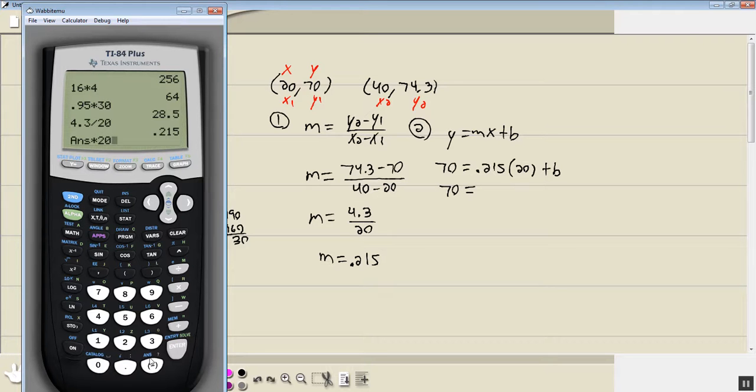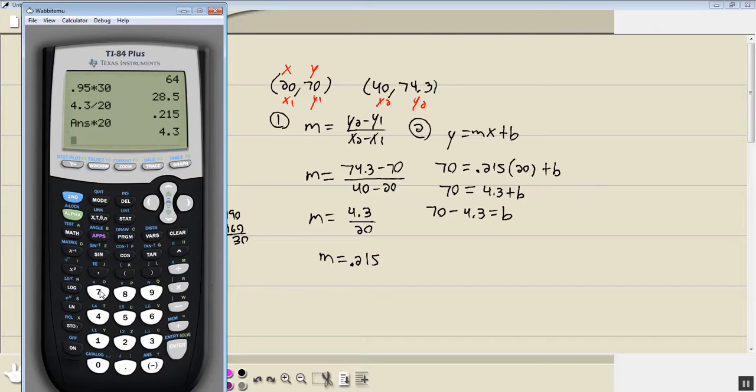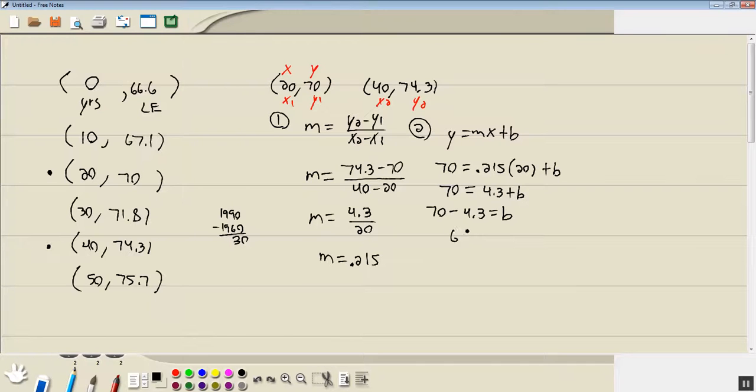So 0.215 times 20 gives us 4.3 plus b. Take the 4.3 over to the right side: 70 minus 4.3, 65.7.